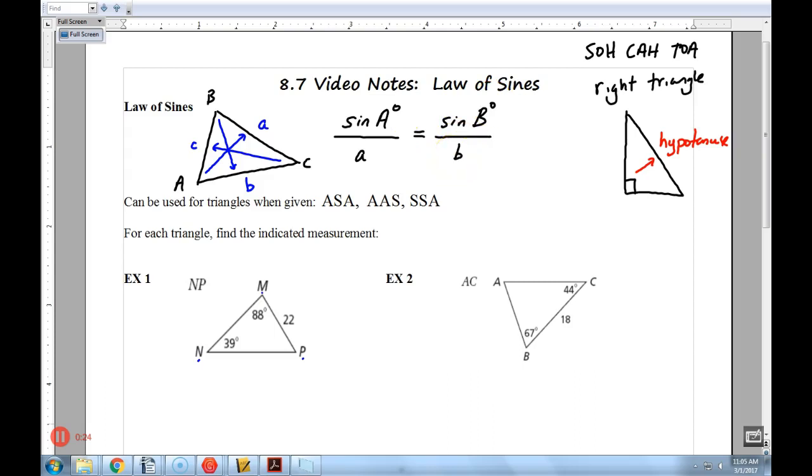The big thing you need to know is the angles go on top and the sides are on the bottom.